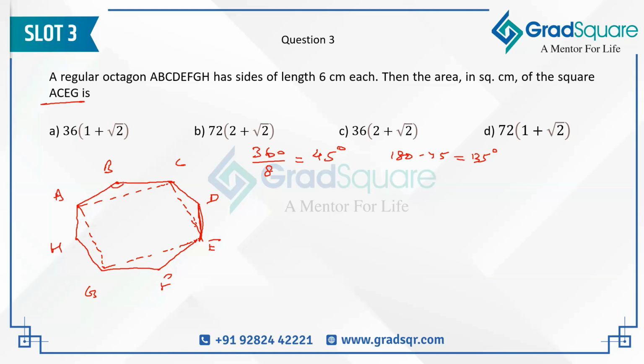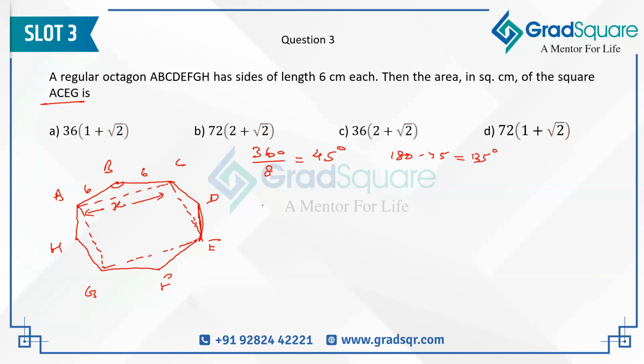Now, this particular angle turns out to be 135 degrees. This side turns out to be 6, and this side turns out to be 6. That's what the question is talking about. Now, I need to find out this length. Suppose this is x. So now, if I look at my cosine rule, what does the cosine rule say?